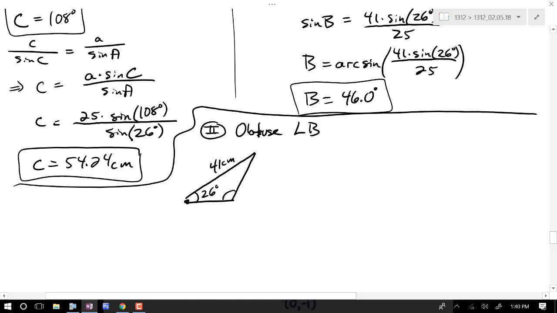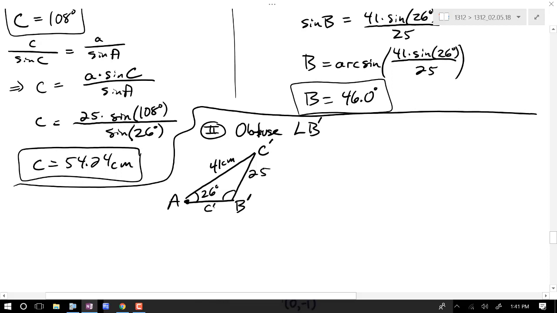And now here's an obtuse angle B, which I'll call B prime. And this one's C prime, because they're not the same. They are different measures. Side A is 25, that's given. And so we need to find angle B, angle C, and side C, little c prime, I guess.